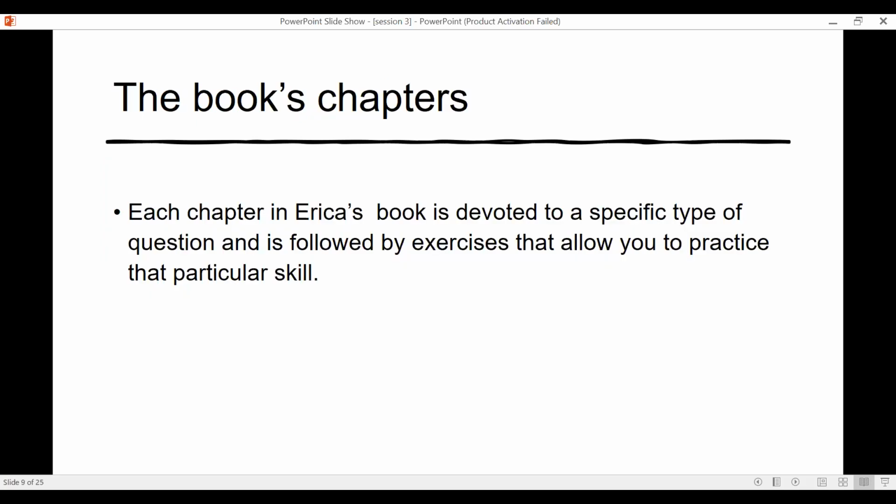Now, each chapter in Erica's book is devoted to a specific type of question and is followed by exercises that allow you to practice that particular skill.